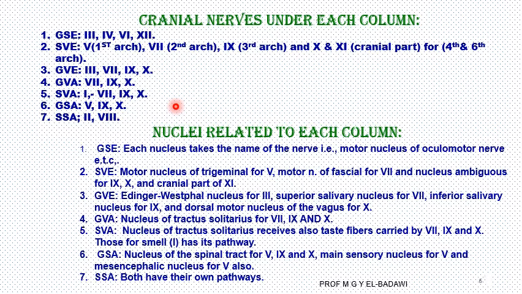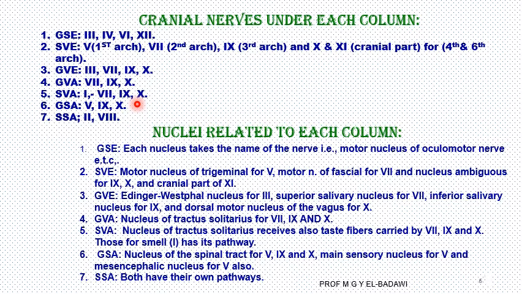That is the arrangement, or the breakdown, of the cranial nerves in relation to each column. That's very important to get that part of the breakdown. If you look for the vagus, for example, it's found here, so it has special visceral efferent and general visceral efferent and general visceral afferent and special visceral afferent and general somatic afferent.